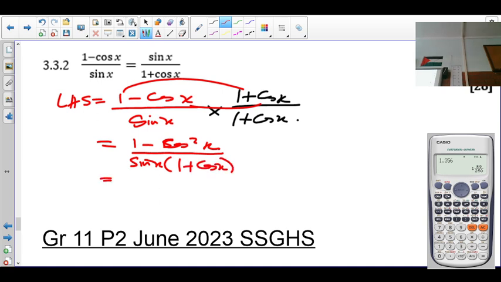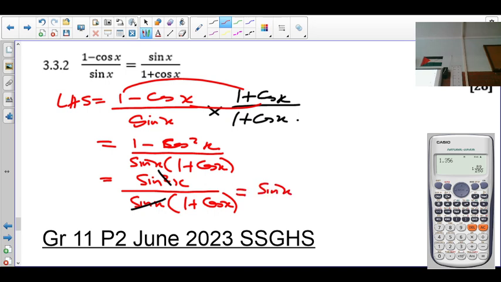People, 1 minus cos squared x can be written as sin squared x over sin x into 1 plus cos x. So sin x cancels one of the two, leaves us with sin x over 1 plus cos x. Can you see it? And it's the same as the right hand side.